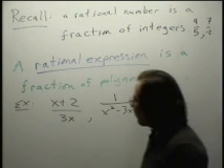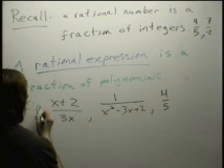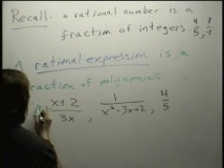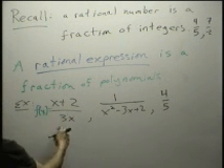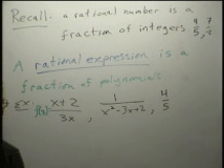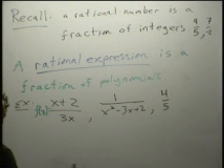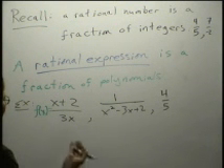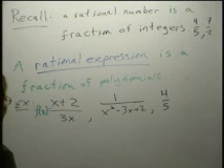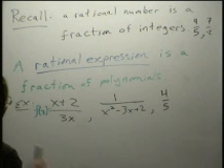Okay. When we have a rational expression, we can think of it as a function. So I could say, let f of x be x plus 2 over 3x. Okay? And the reason that works is because, remember, with a function, if you give me an x, I can give you a y. Exactly one y for every x in the domain.